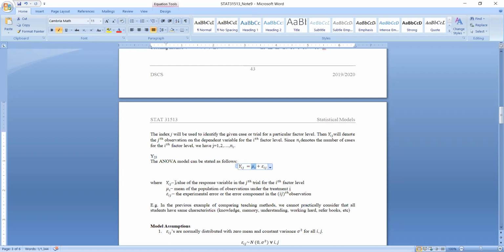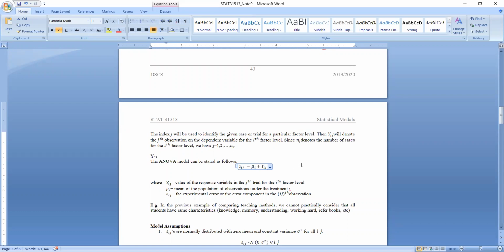So Yij is the response of the jth trial of the ith factor level, and mu i is the mean of the population of observations under treatment i, and this random error is the error term of the ijth observation.